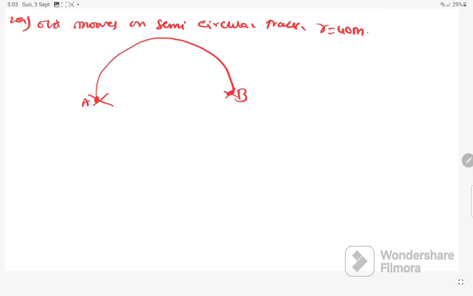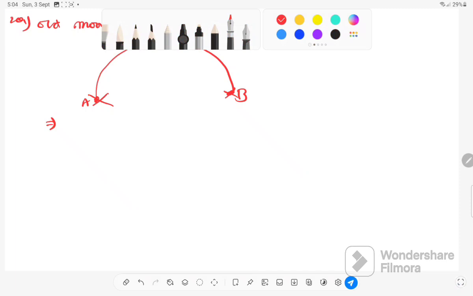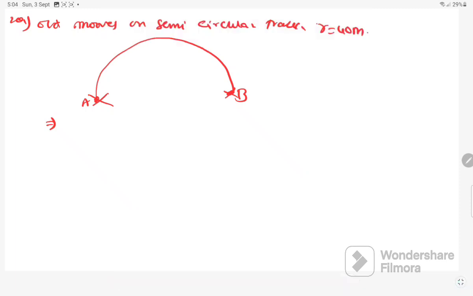See, just now I said, for semicircular, displacement is equal to, see, a student. Even though the old man is traveling like this, from here to here, displacement will always be a straight line journey from starting point to ending point.